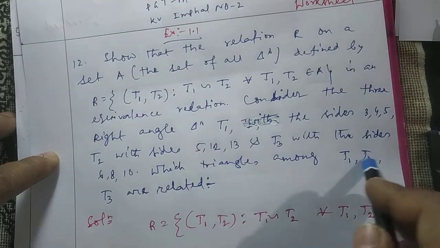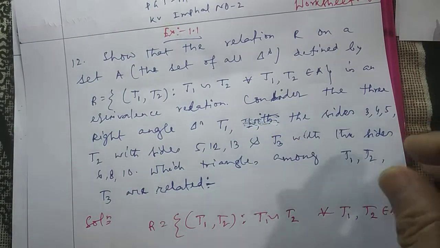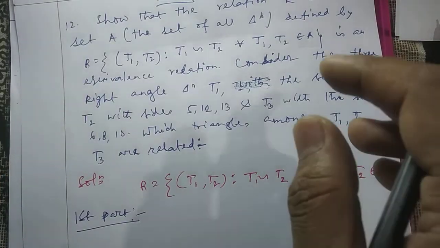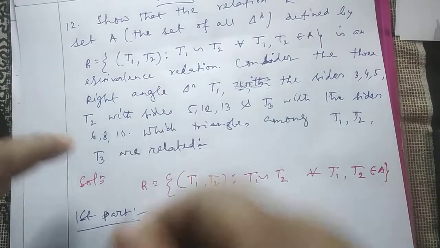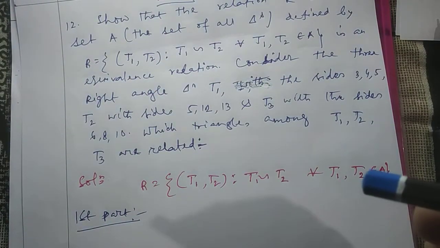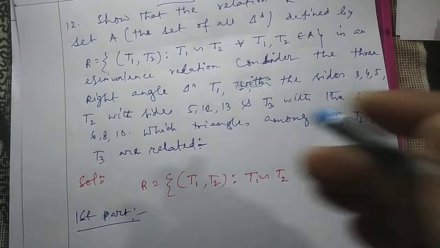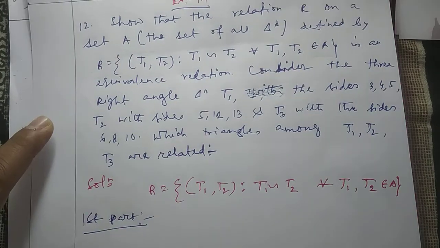Now, which triangles among T1, T2, T3 are related? So, this question is having two parts. The first part is we have to prove R is an equivalence relation. After that, we have to check among T1, T2, T3 which are related by the given definitions. Understood? So let us do them one by one.